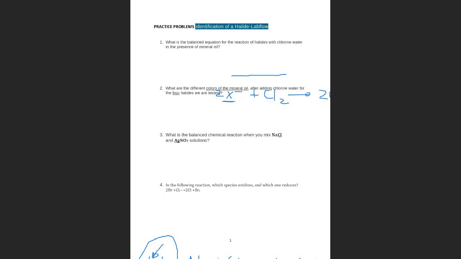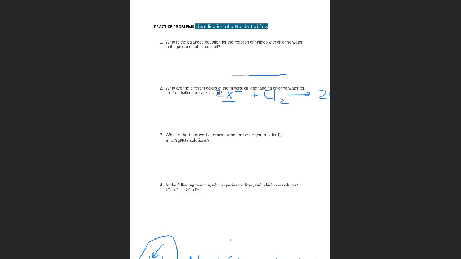So basically, the second is the chlorine water, and the first reaction, you have the same 5 tubes, right? And you are going to add, so you have the halogen, and you are going to add the silver nitrate, that is aqueous.